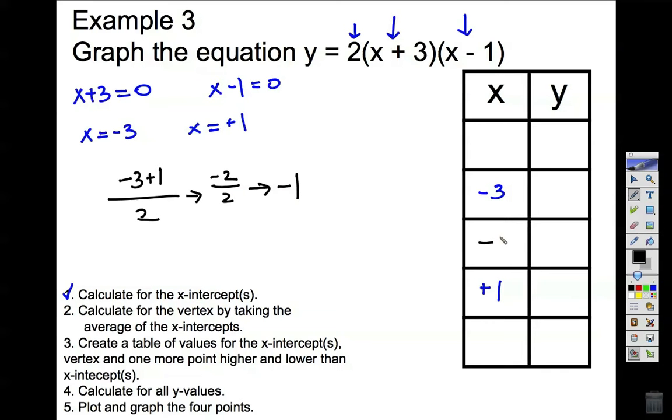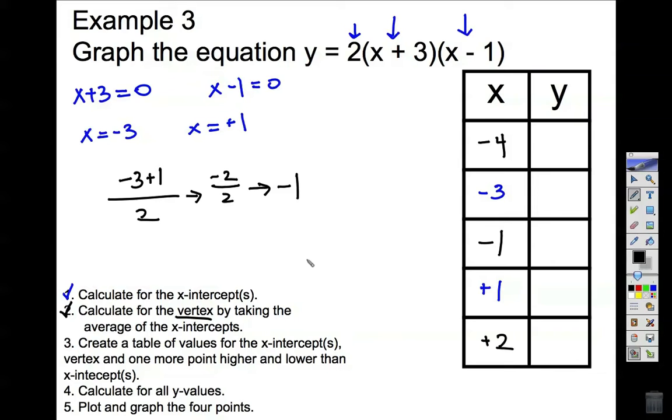So -1 is the average, and that is the vertex. So that's checked off. Create a table of values for the x-intercepts, vertex, and 1 point higher and lower than the x-intercepts. So any point over here. What's the next point after -3? Let's just go -4. The next value after 1 is +2.